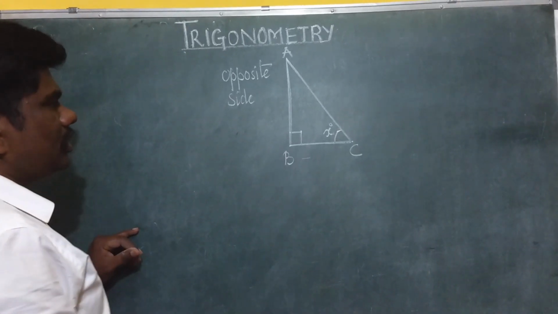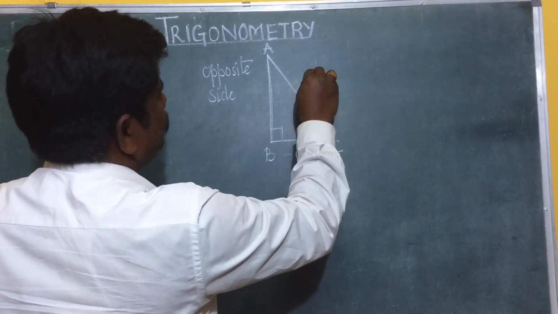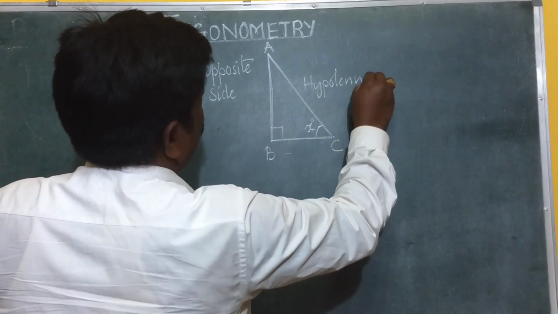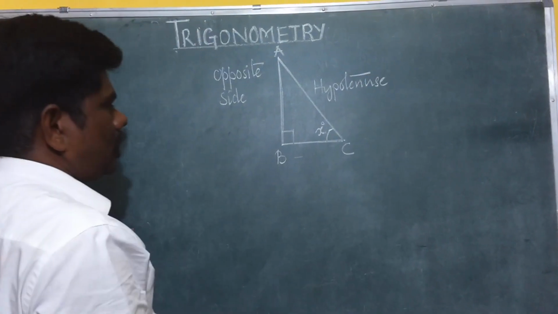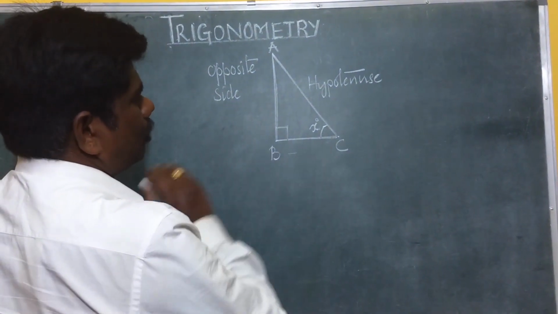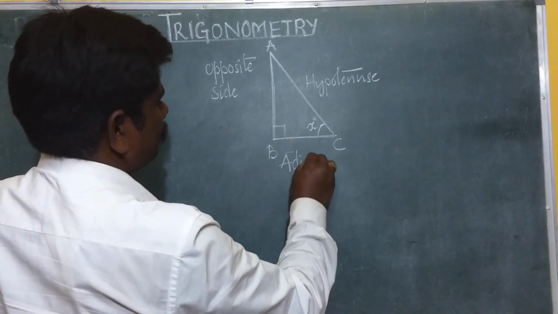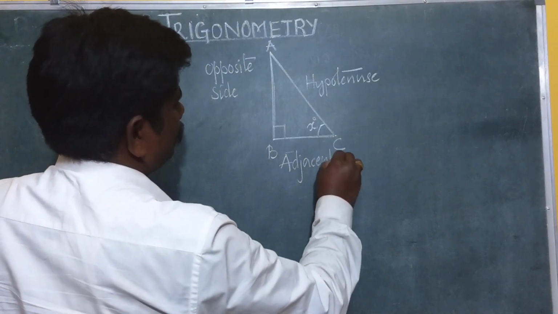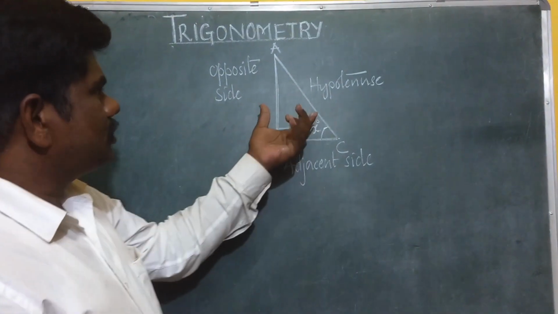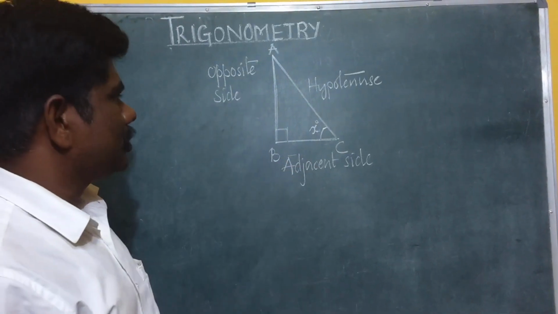The side which is opposite to 90 degrees is called the hypotenuse. And the remaining side is called the third side or adjacent side.